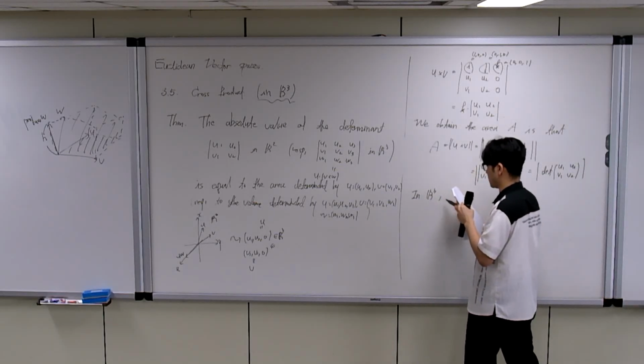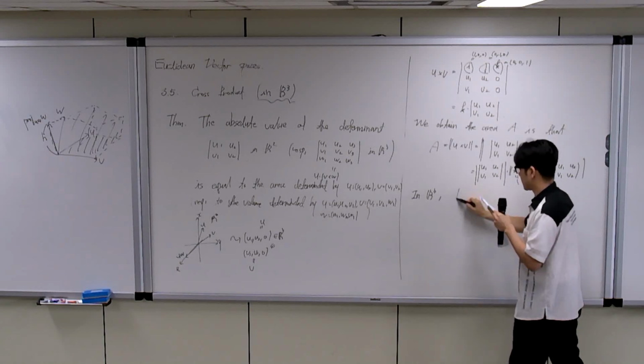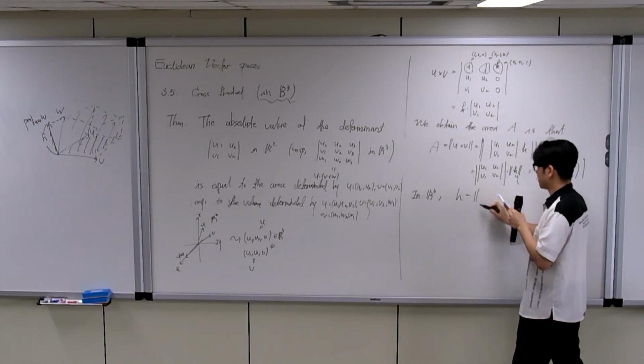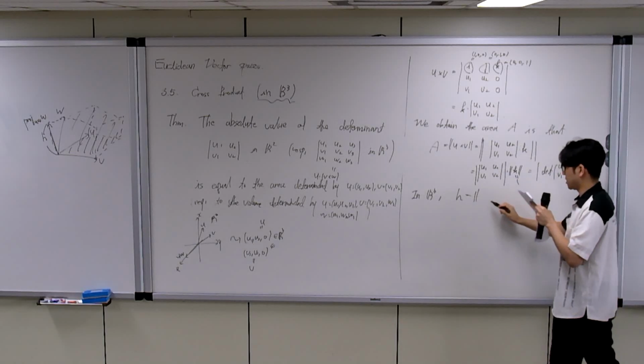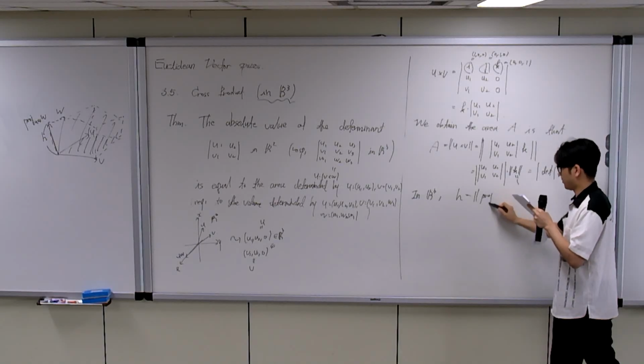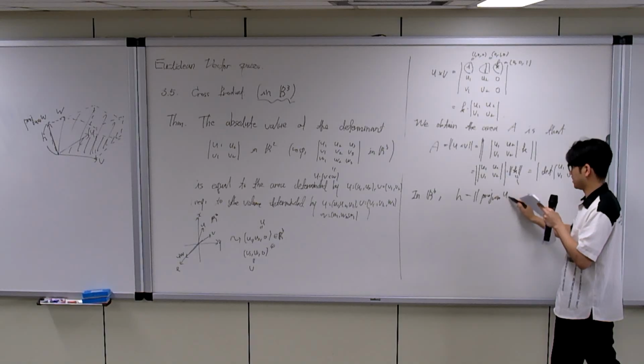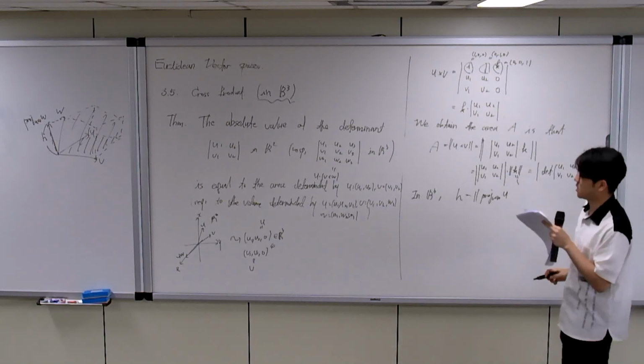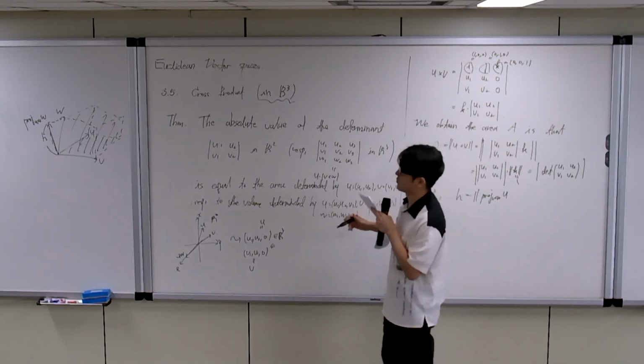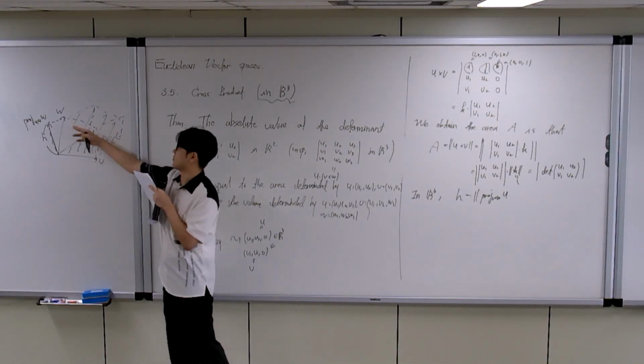Equivalently, the height H is the projection onto V cross product W. It is the same to choose any two vectors.